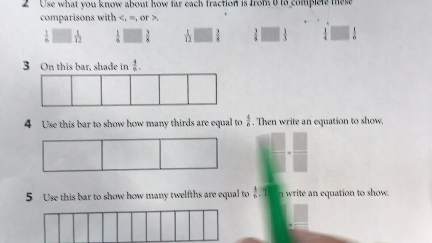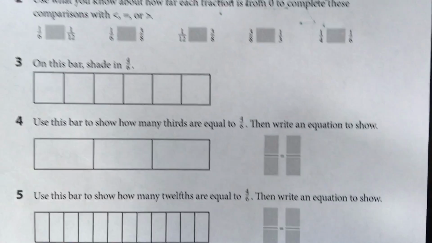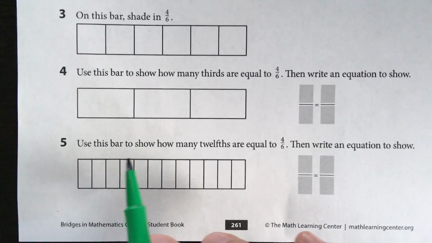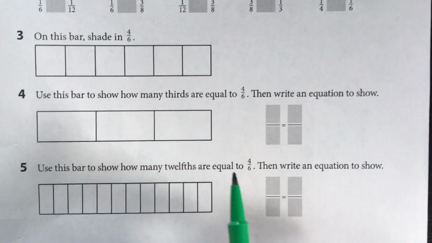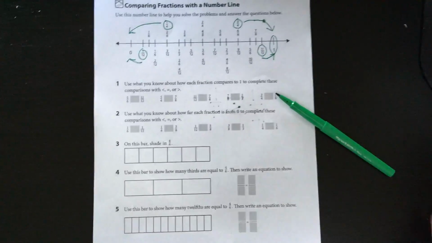You can use that bar. You could also do some converting, which we've talked about in the past. Then a similar problem: use this bar to show how many twelfths are equivalent to 4/6 and write an equation below.